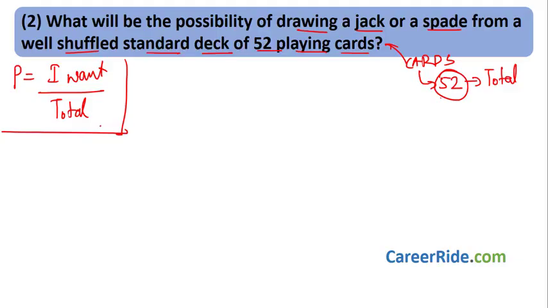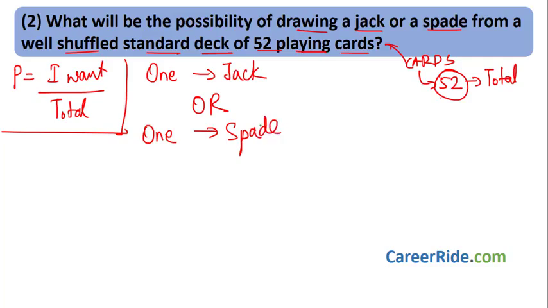Okay, let us see how to solve this sum. What are they saying? What is the possibility of drawing a jack or a spade from the deck? That means you pick up one card, that should be a jack, or you pick up one card, that should be a spade, right? Or means what? We add, so put in a plus sign.